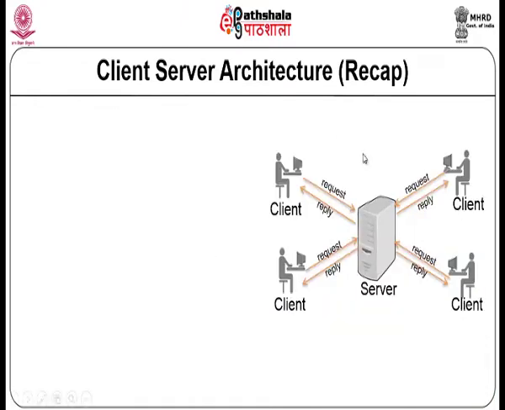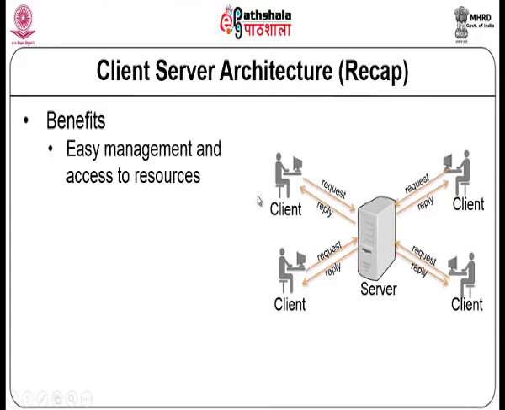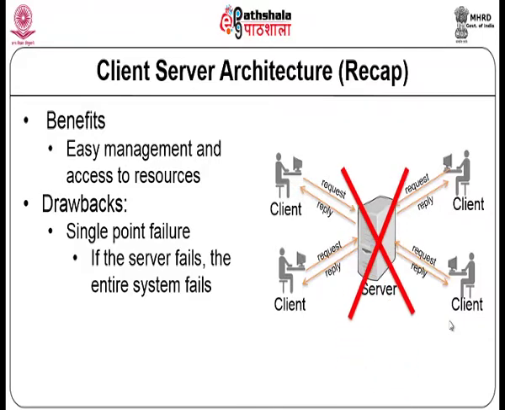Now, if we look at this architecture of client and server request and reply, the benefit is very easy management. We just put one server, we configure it, and we let that IP address be known to all the other machines which are clients, and quickly we can deploy such a system.